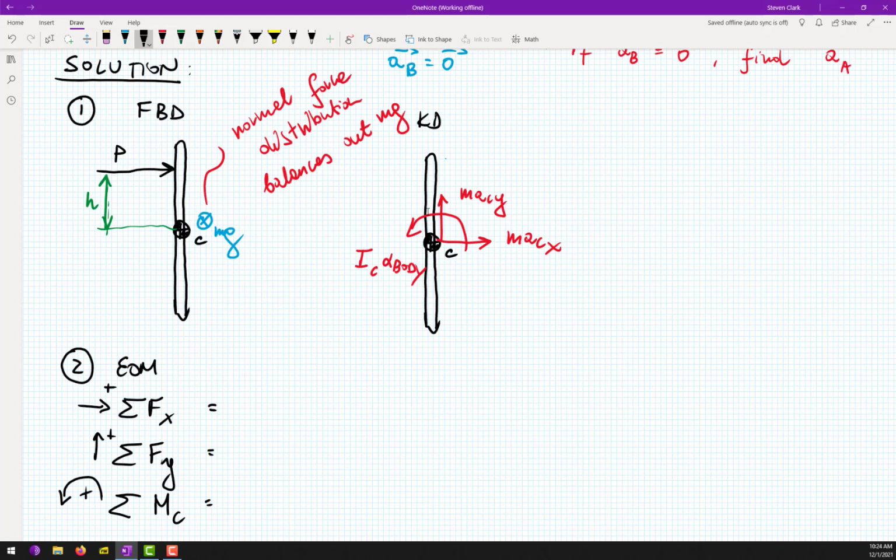So what do we have along the x direction? Only one force, so we have P, and this is equal to m a_Cx. Along the y direction, 0, and this is equal to m a_Cy. Great. So that means that our a_Cy is 0.